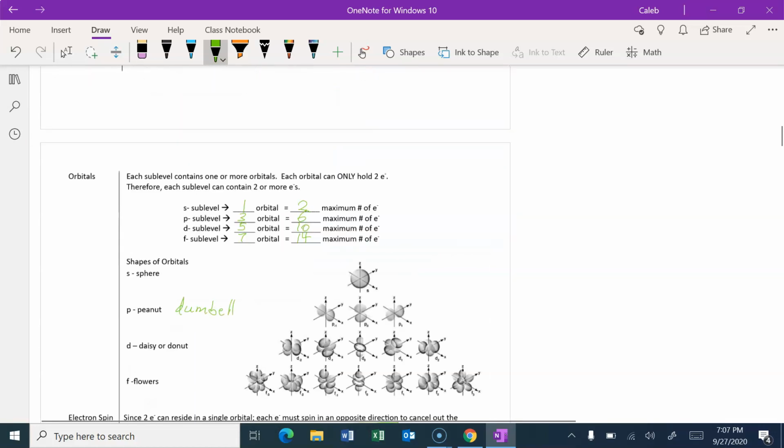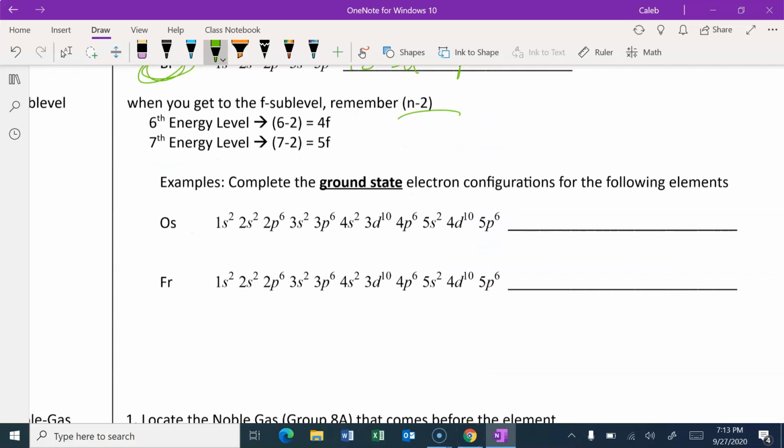Back to the page we were looking at. We want to do the electron configuration for osmium. They gave us the first part, 1s2, 2s2, 2p6, 3s2, 3p6, 4s2, 3d10, 4p6, 5s2, 4d10, and then 5p6.